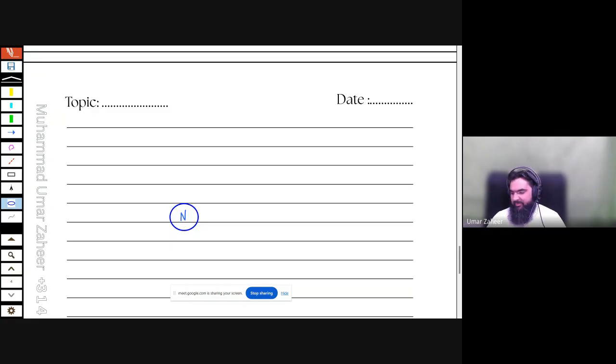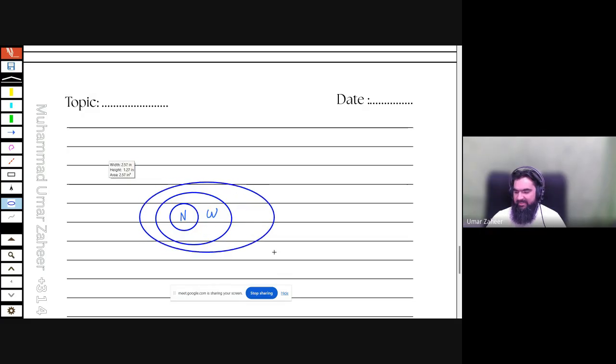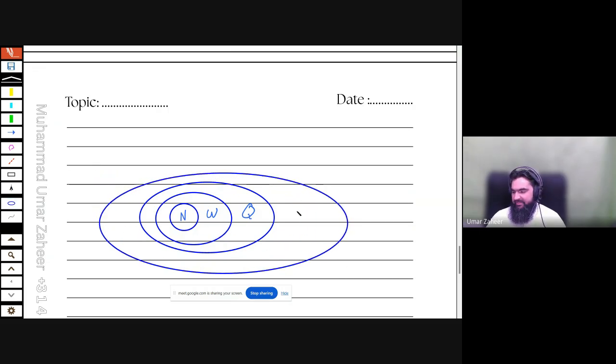Now we have natural numbers. If you add 0 to natural numbers, the bigger set becomes whole numbers. If in whole numbers you add the negative numbers, meaning -1, -2, -3, the whole numbers are also included, so it will become integers. And if you add the irrational numbers, the set that you will get becomes real numbers.